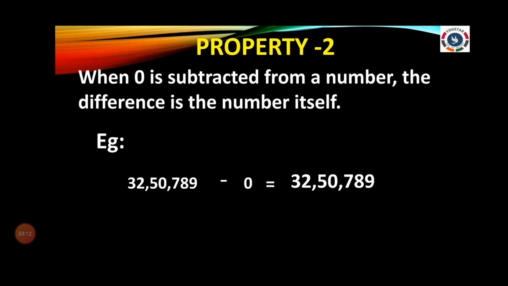Then property 2. When 0 is subtracted from a number, the difference is the number itself. So now we are going to subtract 0 from any other number, so we will get the same value. For example, 32,50,789 minus 0 is equal to the same value, 32,50,789.